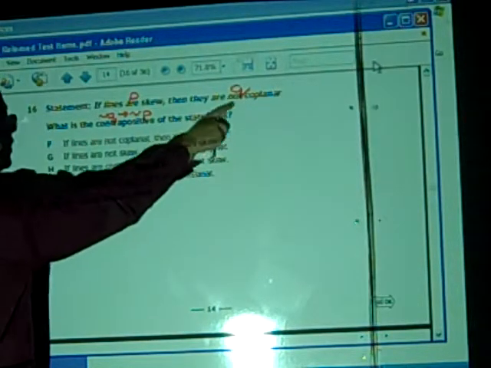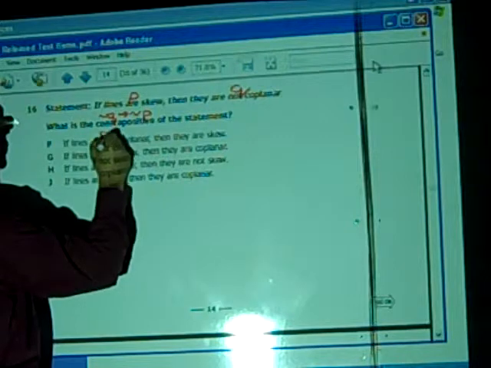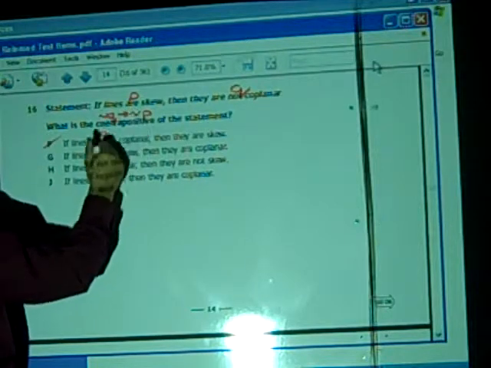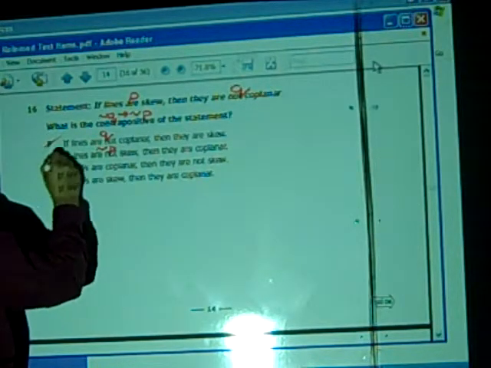So let's look at the first one. If lines are not coplanar, that's just Q. So we know that's not the right one. This one says if lines are not skewed, that's not P. Not that one.